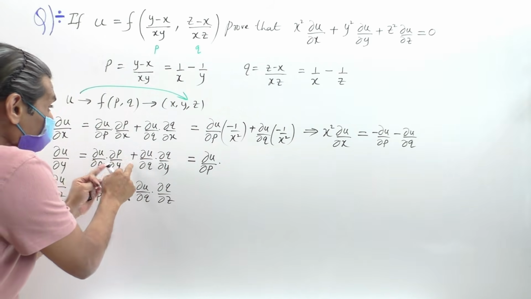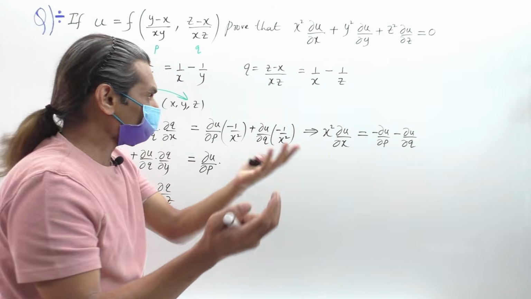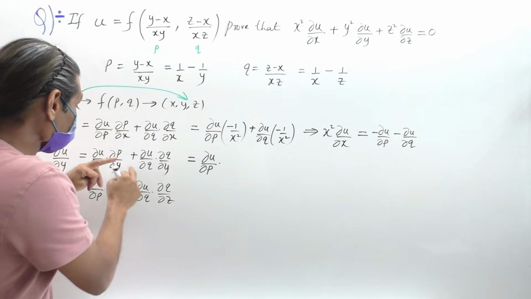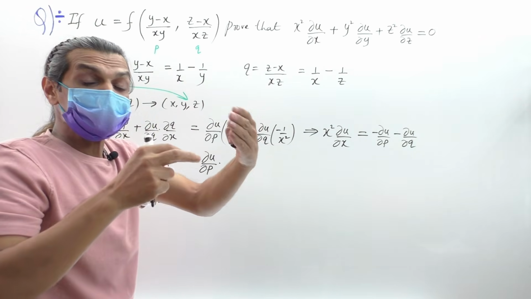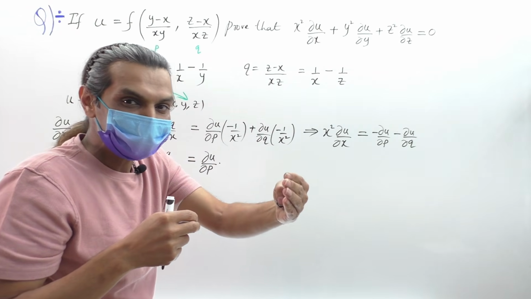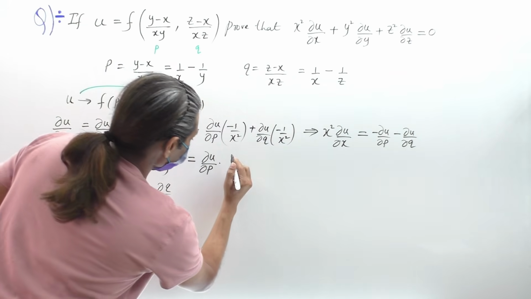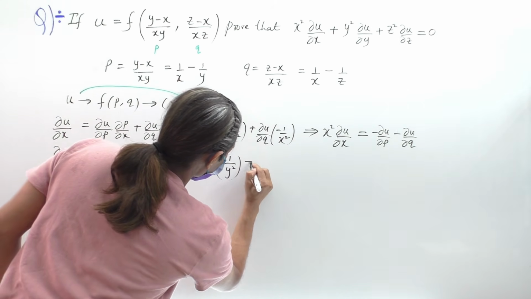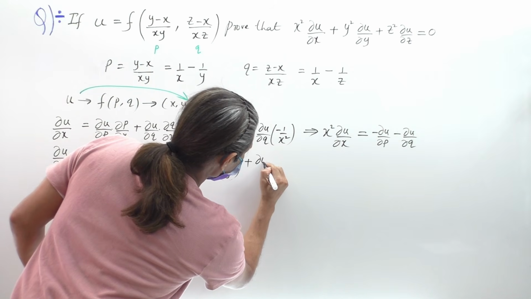Since we are differentiating p with respect to y, 1/x is constant, 0, no use. 1/y is there. So ∂p/∂y is again the differentiation of 1/y, which is minus 1/y² with respect to y. So minus into minus becomes plus. So I get 1/y². That's it. Clear?